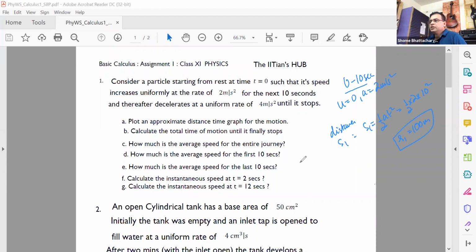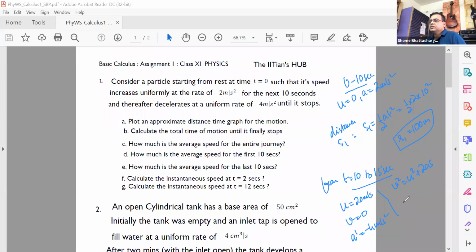And then from the earlier part, I know that from t equal to 10 to 15 seconds, the initial speed was 20 meters per second, the final speed was 0, and the rate of deceleration was equal to this. So we can use the relation v squared is equal to u squared plus 2as.